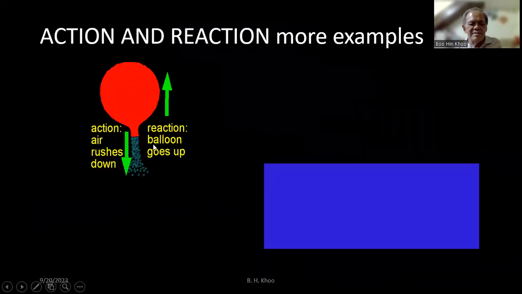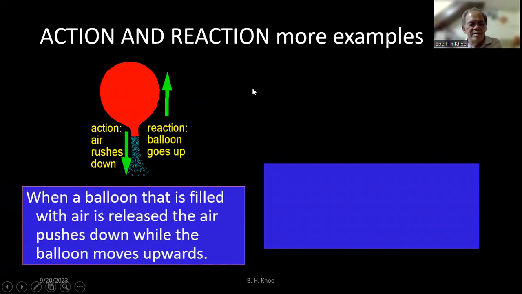There are others. You fill the balloon with air, let go, the air will rush out, and the balloon will shoot outwards. When the balloon that is filled with air is released, the air pushes downwards while the balloon moves upwards.